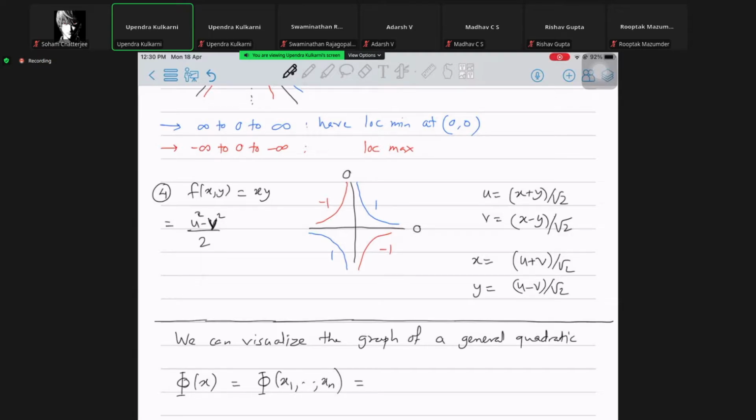So the diagonal entries were AII times xi square, and then for the off diagonal entries, I put in a factor of 2. So this is what we have: X transpose AX plus some P times X. P is a row vector, X is a column vector, plus R from yesterday.